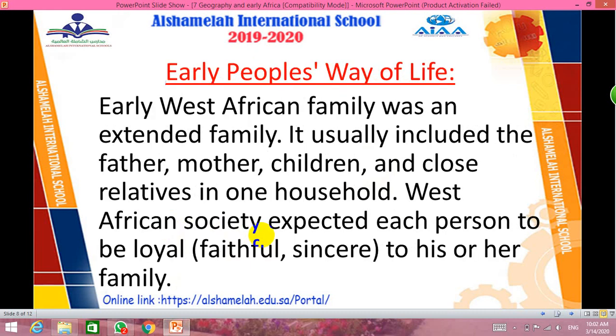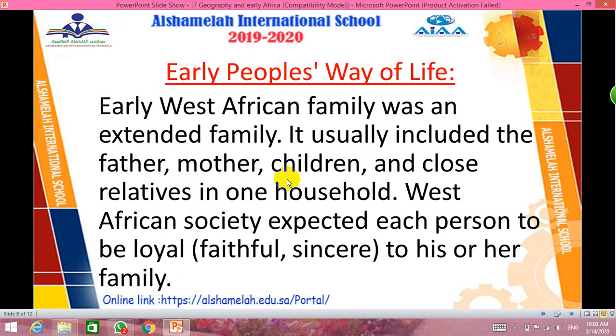Early people's way of life. The early West African family was an extended family. Extended family means a big family, a large number of people. It usually included the father, mother, children, and close relatives in one household.